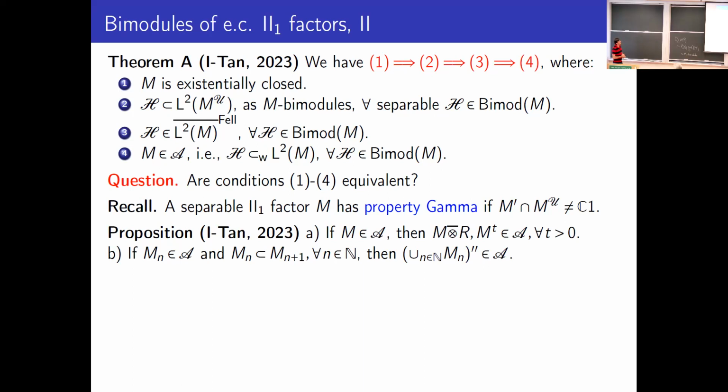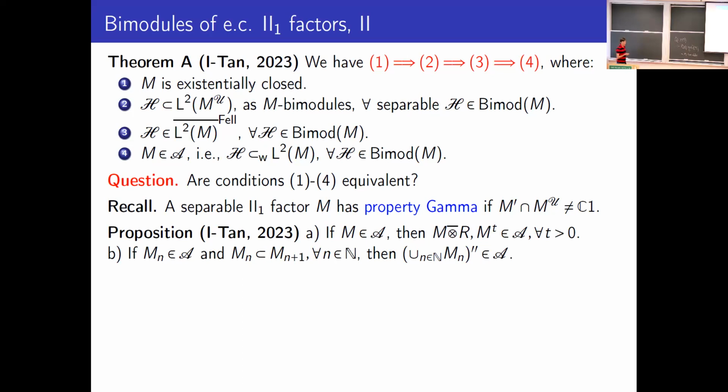It's also because I don't think property 2 passes to larger II1 factors. So here are some properties of class A. This is a proposition, also with Hui. These are some basic properties that are not too difficult to establish, but I think are kind of nice.